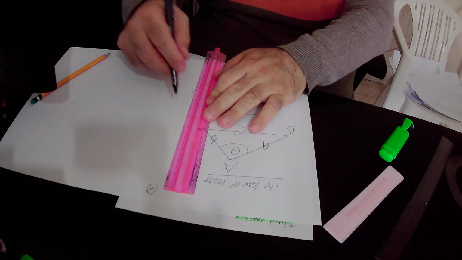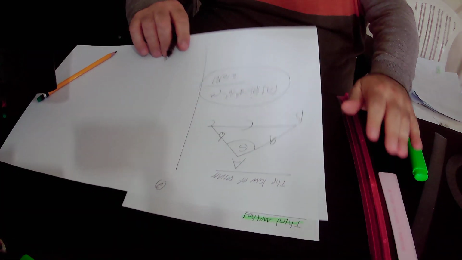We will implement the law of cosines in our triangle ABC.